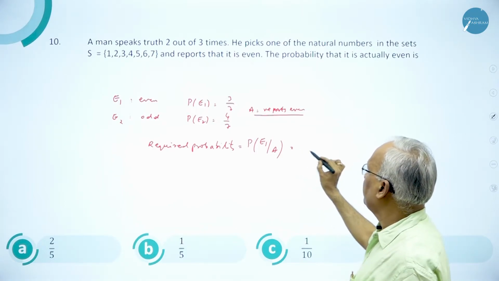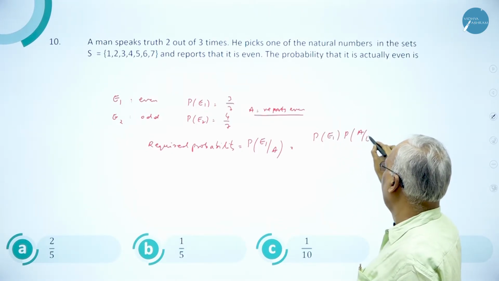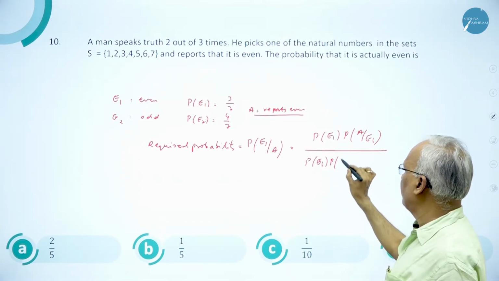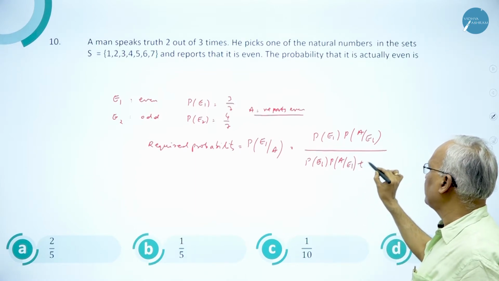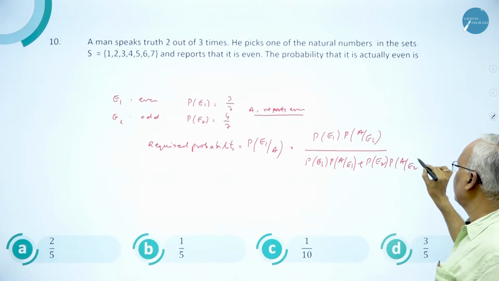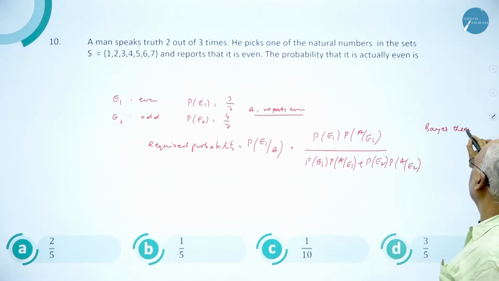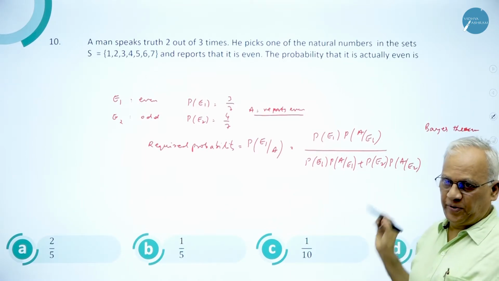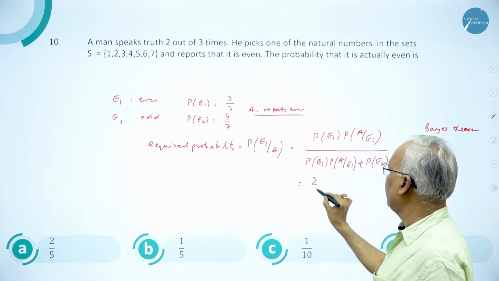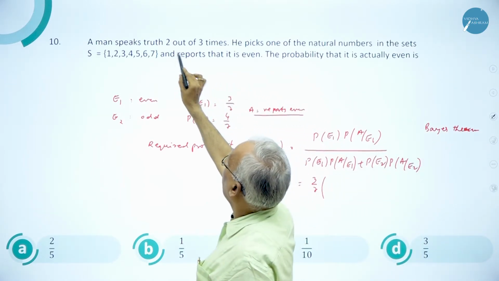So this is the required probability. By Bayes' theorem, you can write this as probability of even into probability of A given even, divided by probability of even into probability of A given even plus probability of E2 into probability of A given E2. Now tell me, what is probability of even? It is equal to 3 by 7. And what is the probability of A given even? See, the man speaks truth 2 out of 3 times.